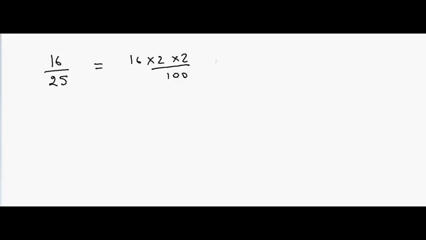Here the double of 16 is 32, and the double of 32 is 64, so the answer is 0.64.